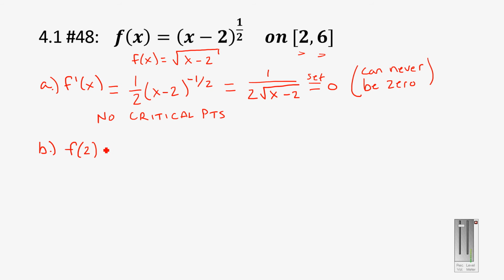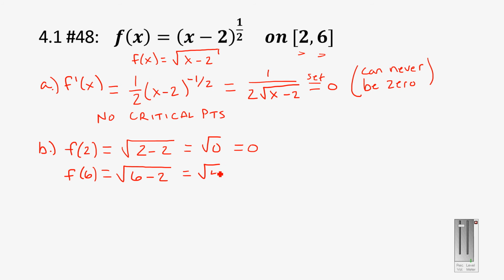So f of 2 equals, and I can rewrite that whole thing again as we did before, the square root of 2 minus 2, that's the same as saying x minus 2 to the 1/2, which equals the square root of 0, which equals 0. Okay, that's one example. And f of 6 is my other endpoint, which equals the square root of 6 minus 2, which equals the square root of 4, which equals a 2.